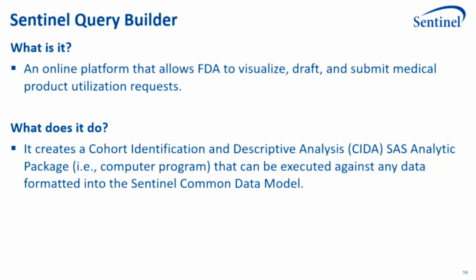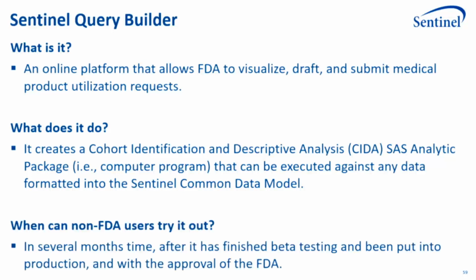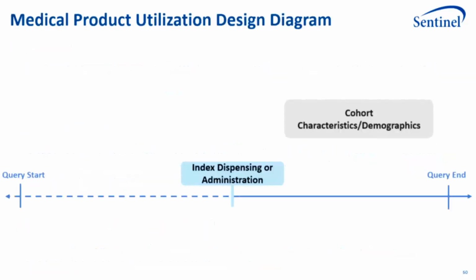So essentially, the FDA enters the parameters of interest, how they want to ask their question, and in the background, a SAS package is created, which then can run against any data that's formatted into the common data model. One question I want to make sure I address is, when can non-FDA users try it out? We're in a testing period right now. So in several months' time, after we've finished our beta testing and it's been put into production, we'll discuss with approval from the FDA how we might make it publicly available.